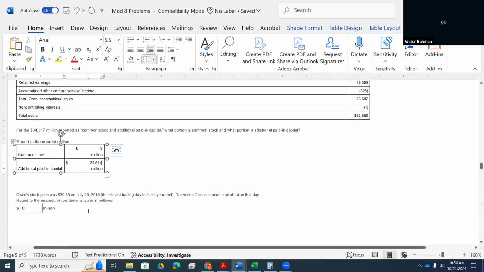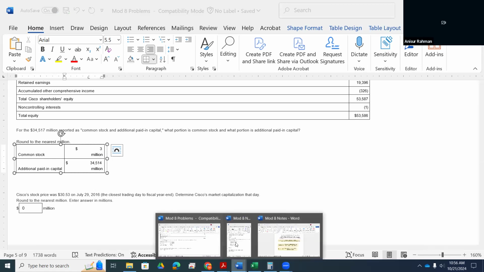Now, Cisco's stock price was $30.53 on July 29, 2016. The closest trading day to fiscal year end determines Cisco's market capitalization that day. To the nearest million, enter answers in millions.